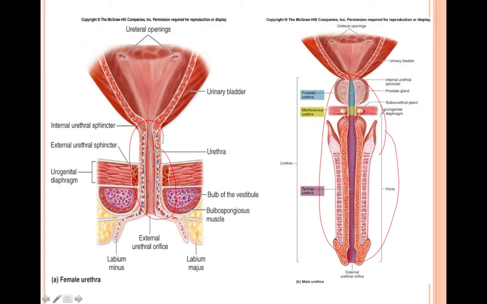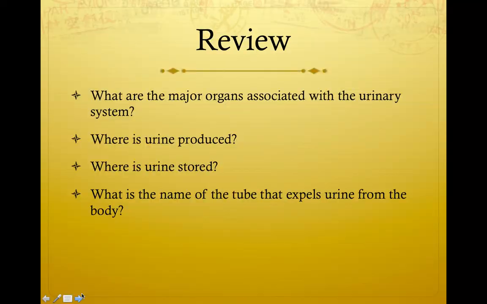So females, you have a much shorter passage from bladder to emptying than males do. But these are your urethras, and this is the end of your bladder and your urethra. Males, you have a prostate gland in this location, which it goes through as well. Okay? So this is your urinary system.